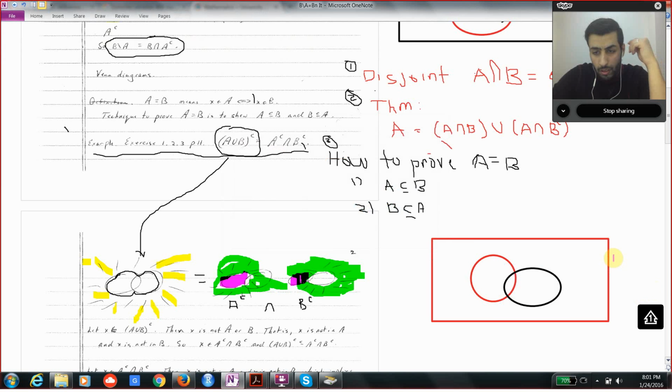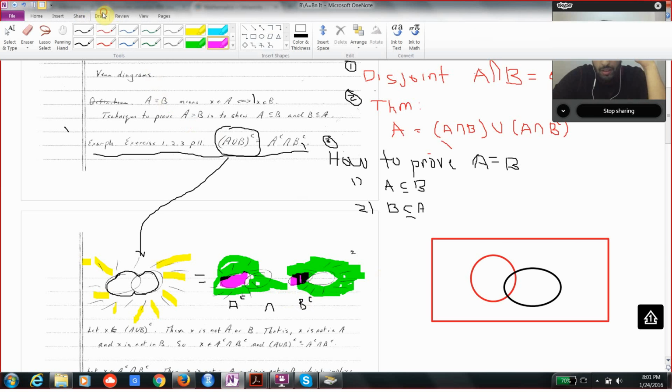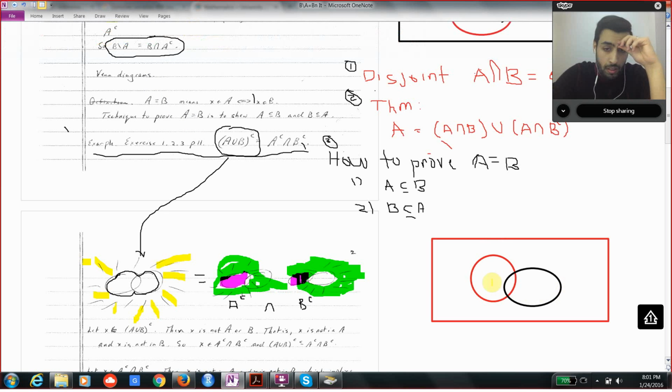And the first thing I'm going to do is draw B complement in yellow.